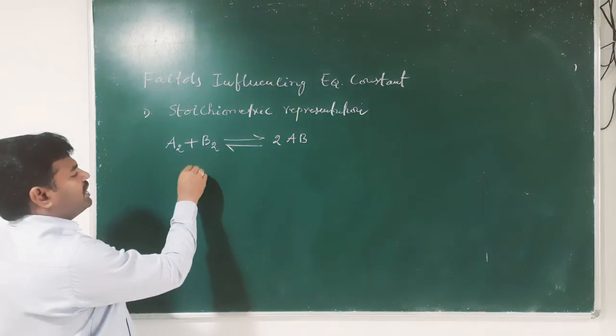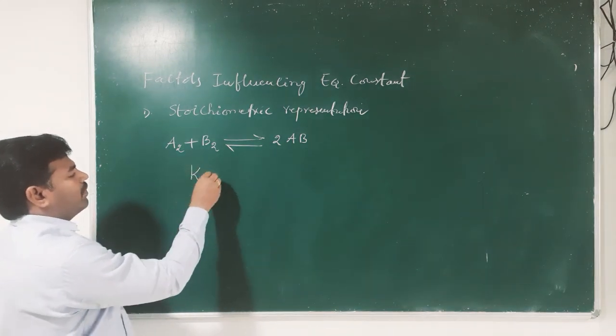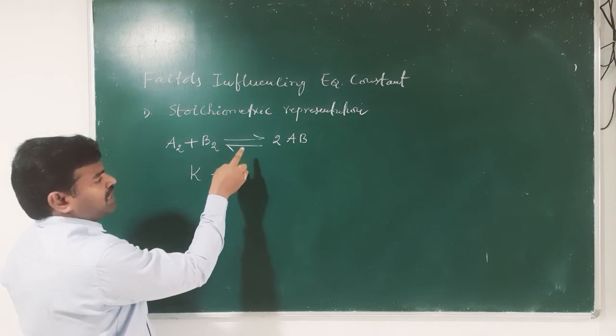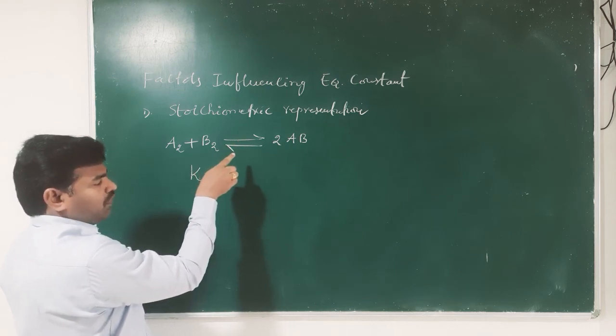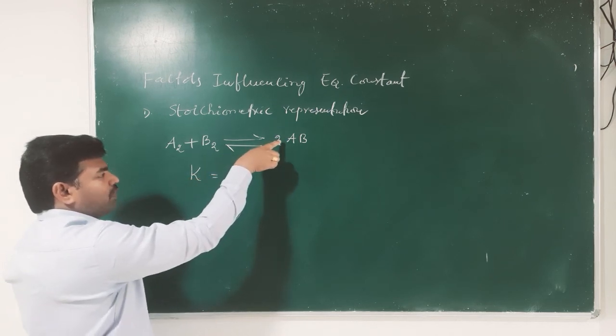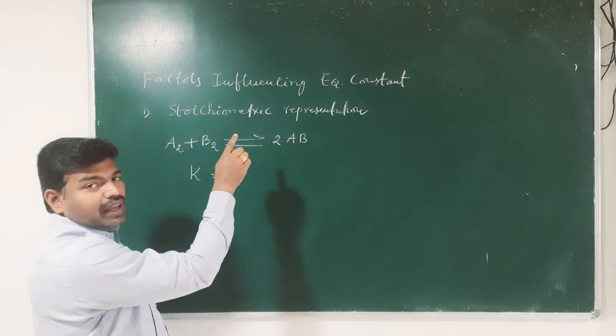So, if we write the equilibrium constant K, it is the ratio of concentration of products to concentration of reactants.